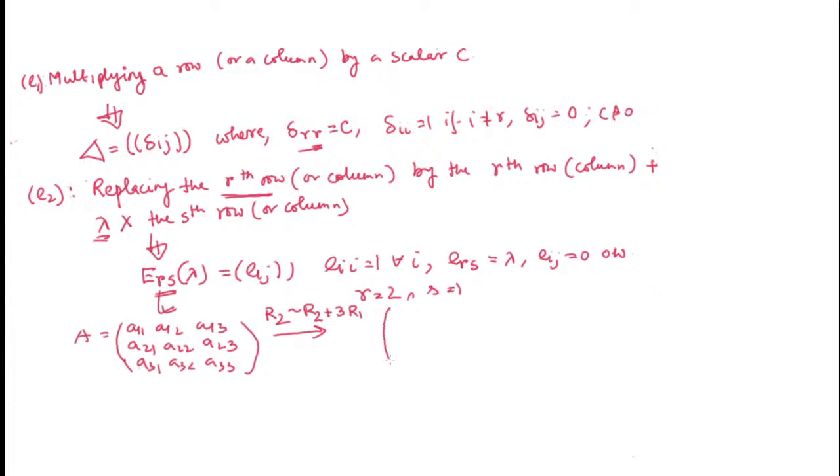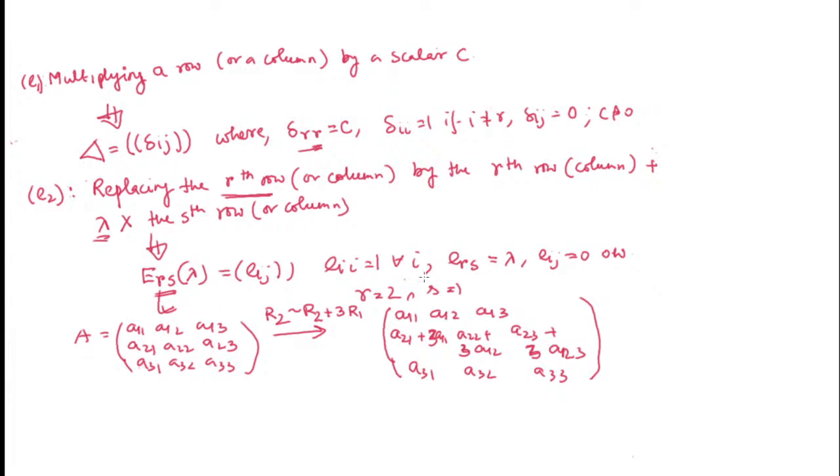So then you get a matrix, sorry, this is 3, and 3-1, 3-2, 3-3.